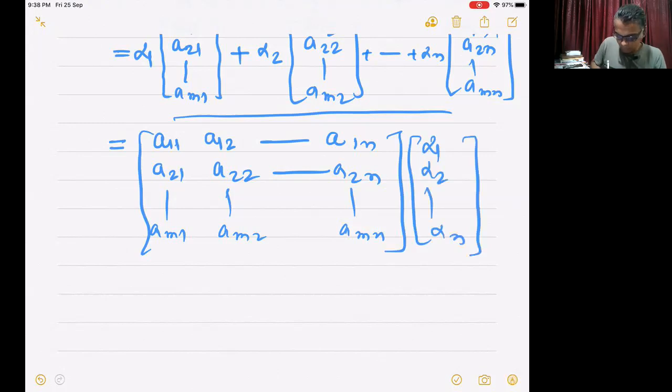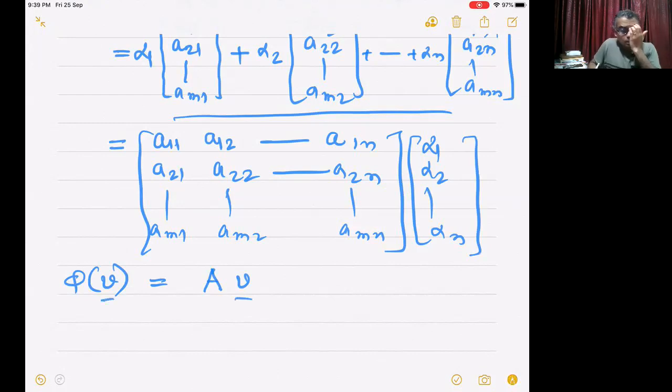In other words, phi's action on the n-tuple V is nothing but this matrix A multiplying the n-tuple V.